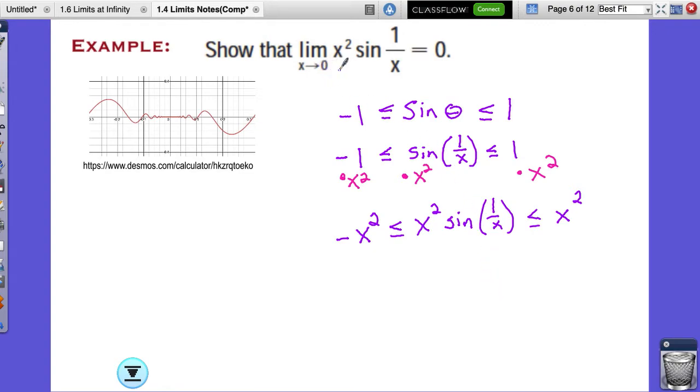So I've essentially sandwiched in, or squeezed in, this function I'm trying to find the limit of. All right? And the reason why that's nice is because if I take the limit of negative x squared as x approaches 0, can I do that one? I can direct substitute in that one, yes? That's equal to what? 0.